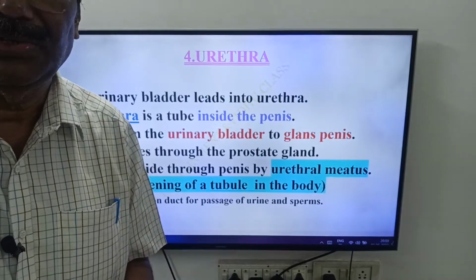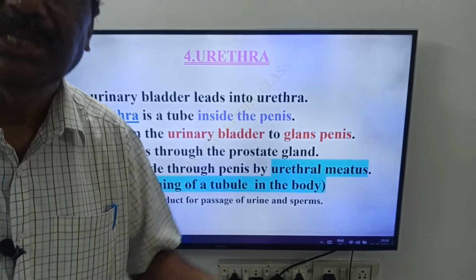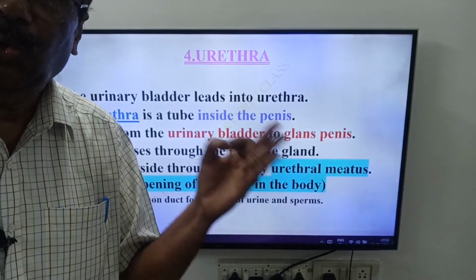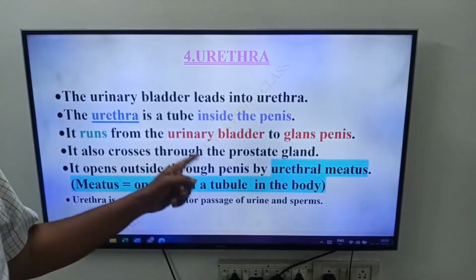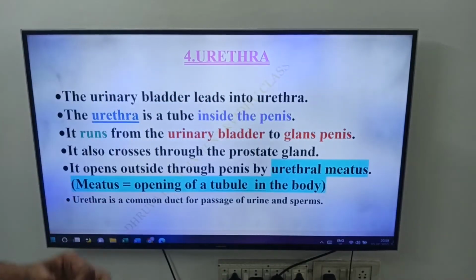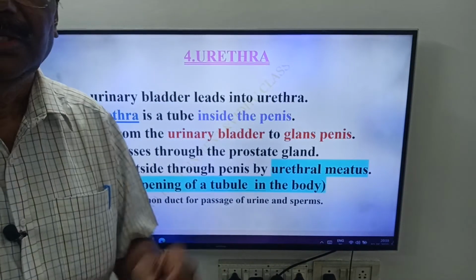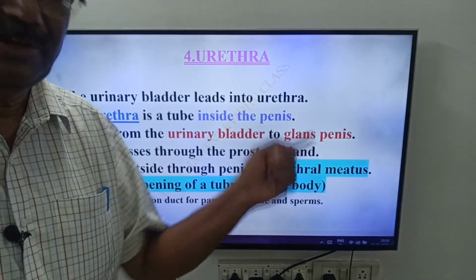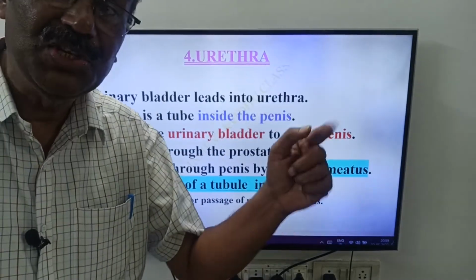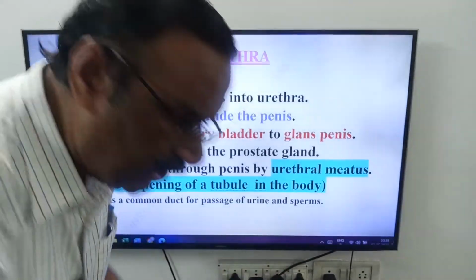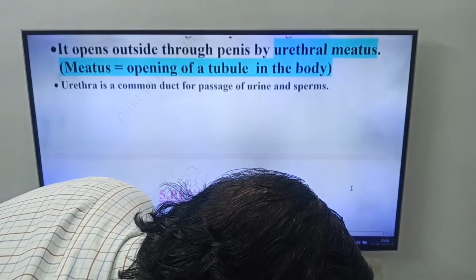So the urethra opens outside through the penis by the urethral meatus. Next, friends, the urethra is a common duct for what? For passage of urine and sperms.